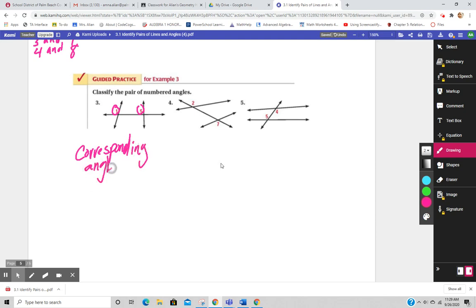All right, what about 2 and 7? What do you say? Alternate exterior angles. That is correct. What about the next one? Alternate interior angles. All right, let's keep going.